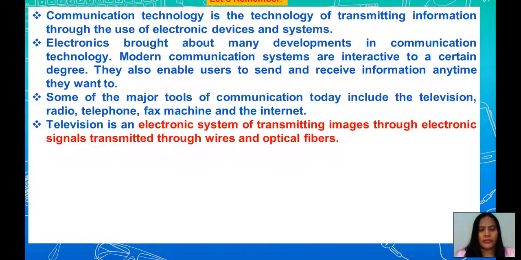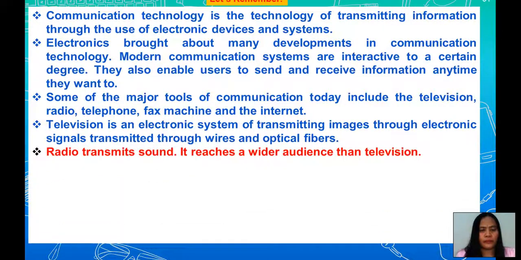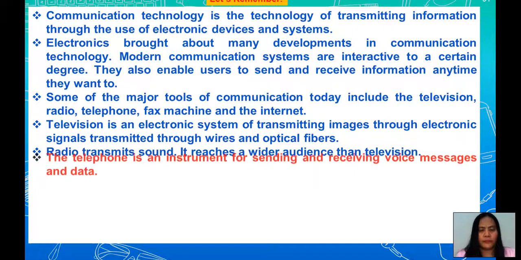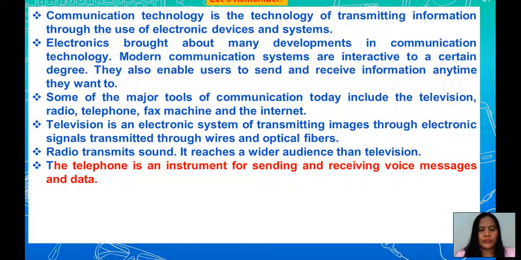Television is an electronic system of transmitting images through electronic signals transmitted through wires and optical fibers. Radio transmits sounds. It reaches a wider audience than television. The telephone is an instrument for sending and receiving voice messages and data.